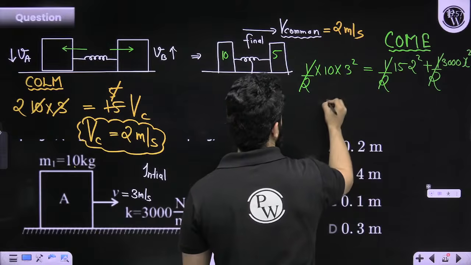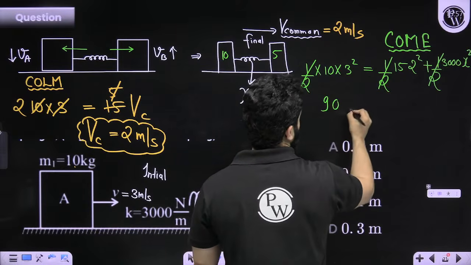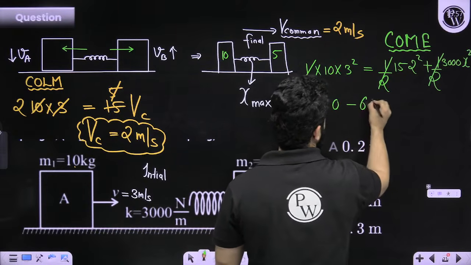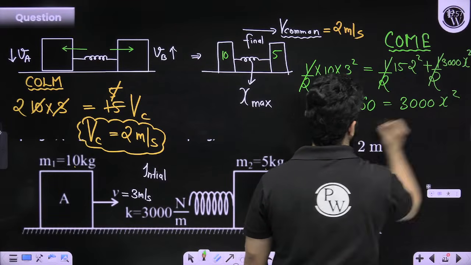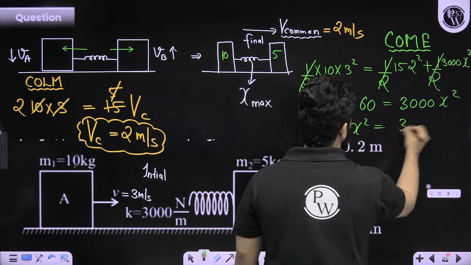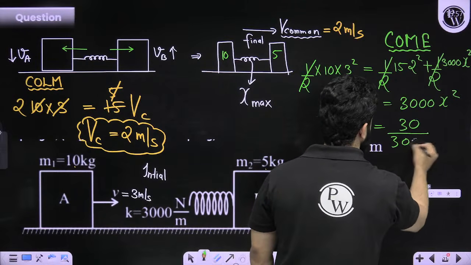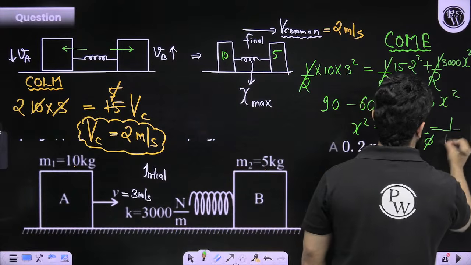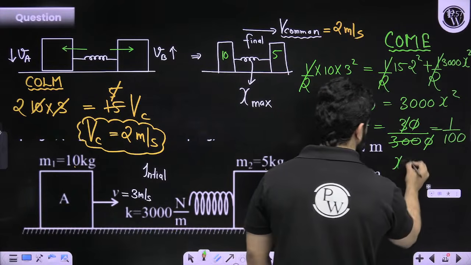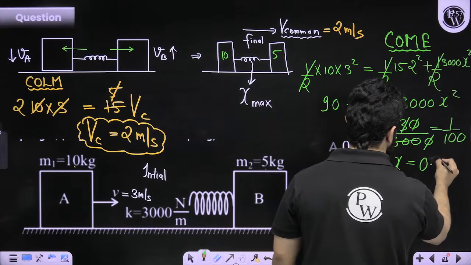This will become 90, this will become 60, this is 3000 times x square. So x square will become 30 divided by 3000. So this will become 1 upon 100. That means x will become 0.1 meter.